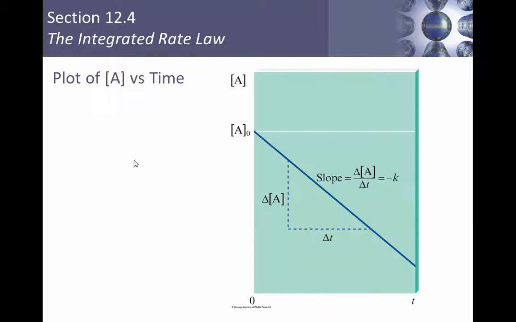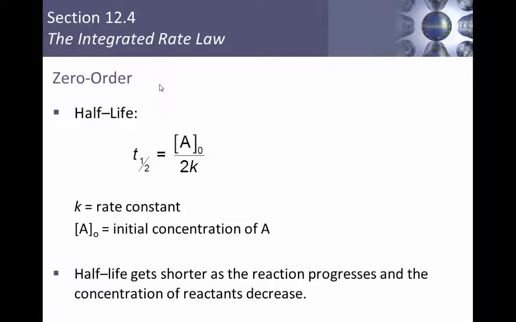All right, and so what would a graph look like if you plotted concentration versus time? Well, that represents zero order, and if you get a straight line graphing concentration versus time, then you know you have a zero order reaction. All right, zero order also has a half-life formula, and so again, all the same letters there, but notice what happens.